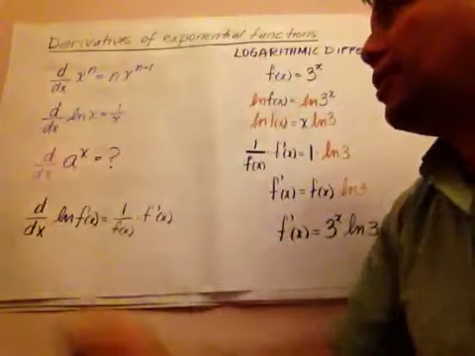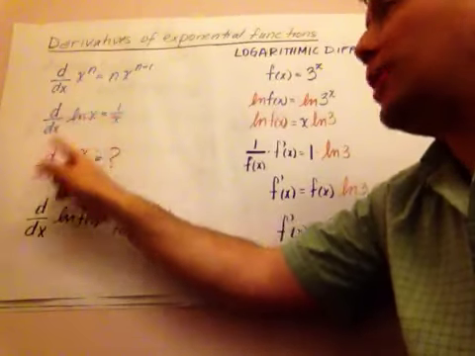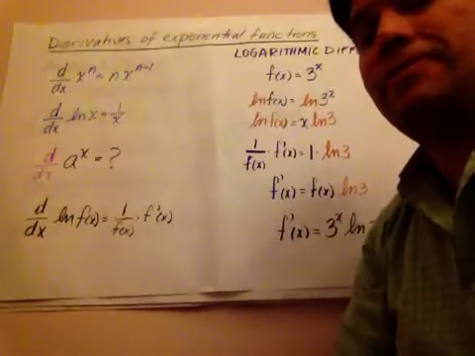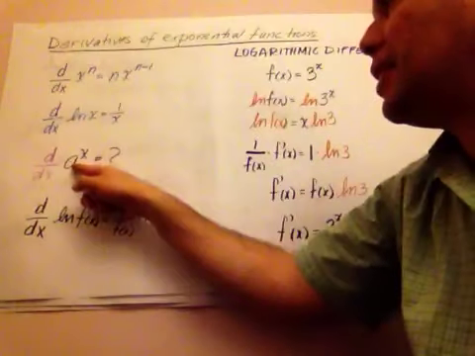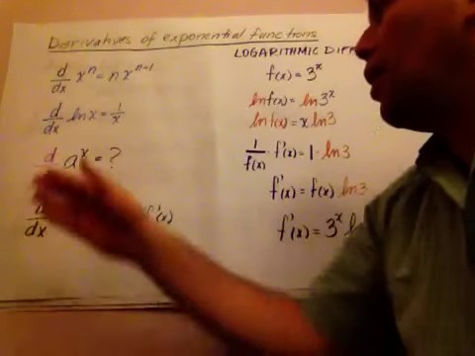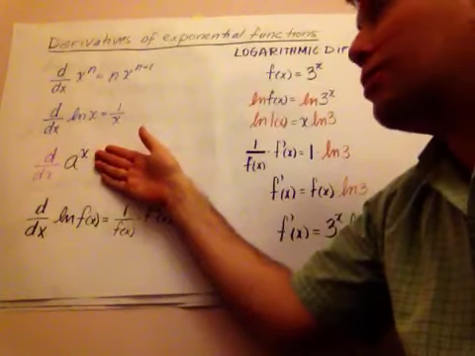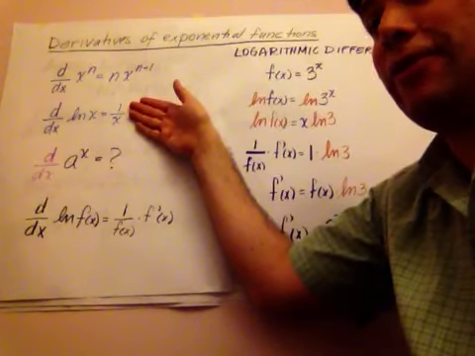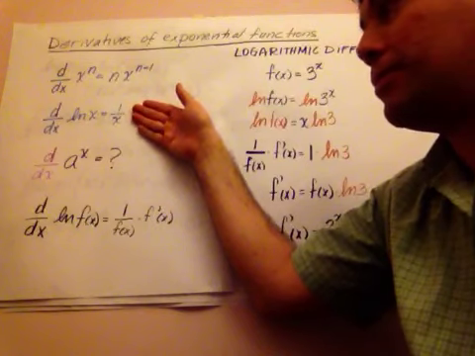We also already know that the derivative with respect to x of the natural logarithm of x is 1 over x. So what is the derivative of an exponential function? Well, to find that out, we will need to apply the derivative of the natural logarithm.